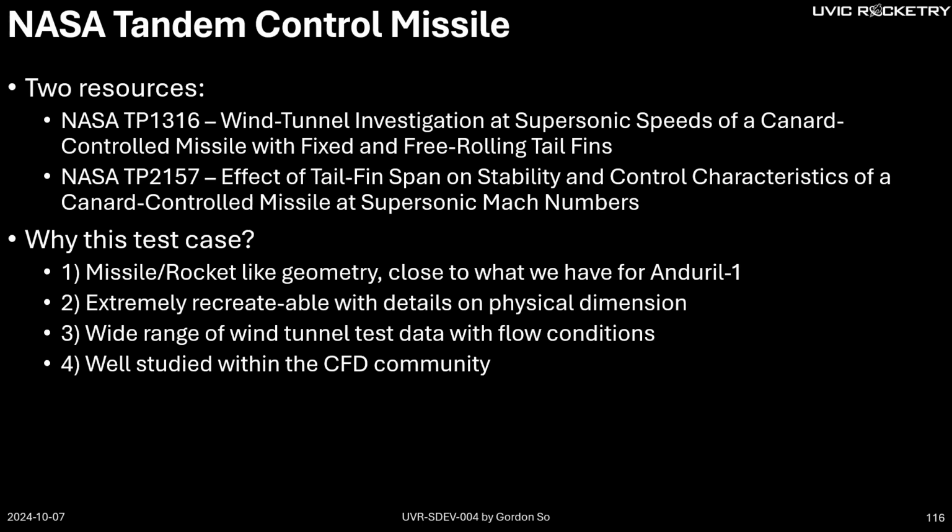It also gives me wind tunnel test data with so many different conditions that I cannot find in any other paper. And again, this geometry is well studied within the CFD community. So that's why I use it, because someone has done it already and I know roughly the ballpark of what we are looking at.